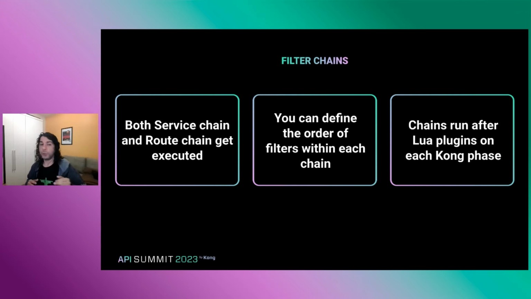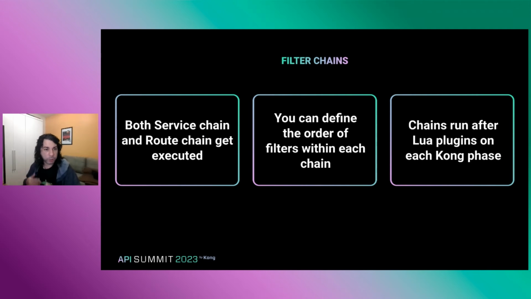If you are a Kong Gateway user and you're used to the way that Kong plugins work, you will notice that this is a little bit different, because this time around we decided to make things even more flexible. Now for filter chains, you define on each chain the order of filters as they're going to run.